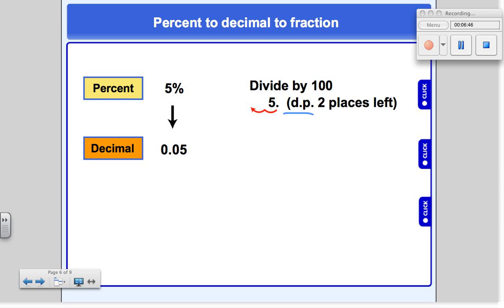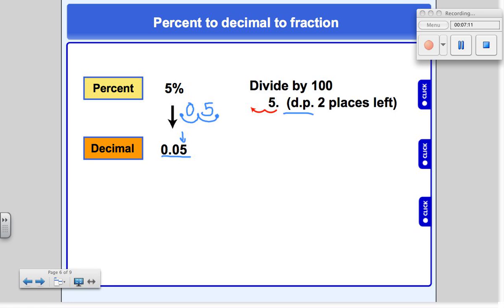Okay, so 5% would be 5%, and you would move that decimal place 1, 2 to the left, and you would just add that 0 there. So your decimal would be 5 hundredths.